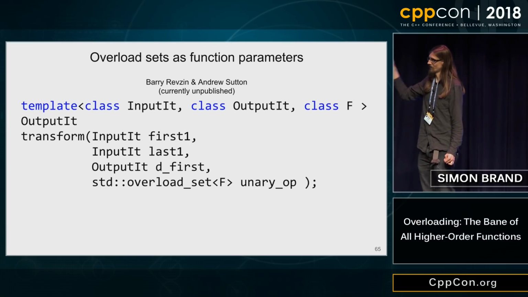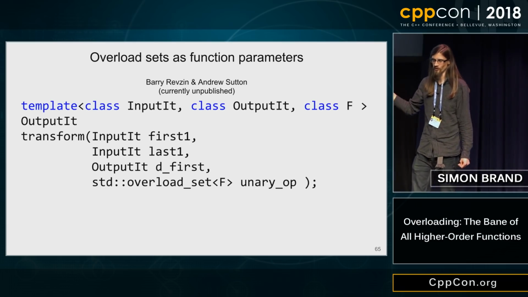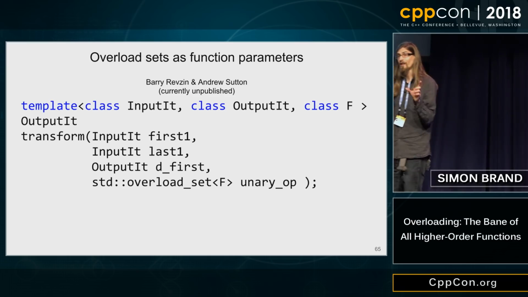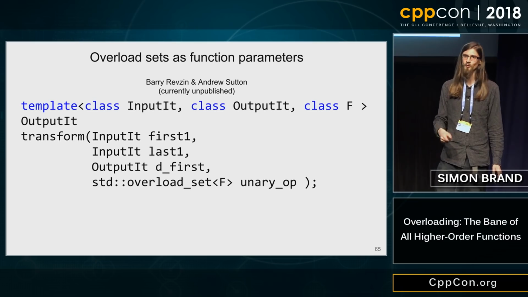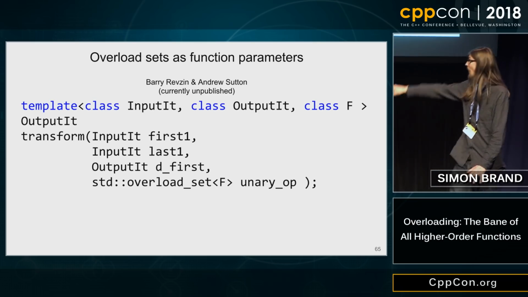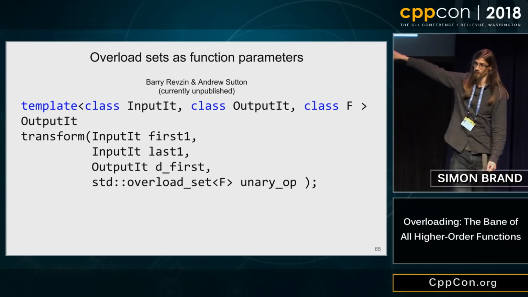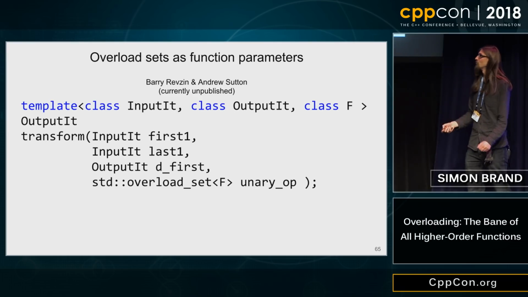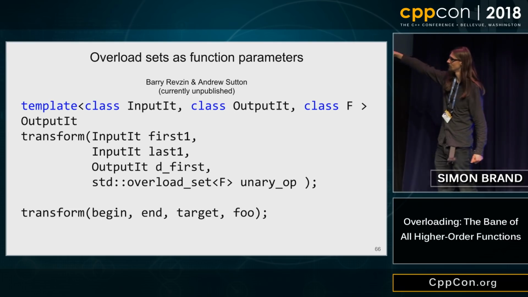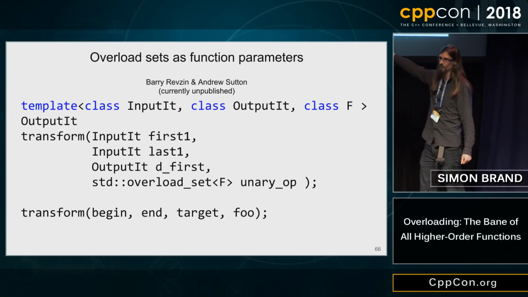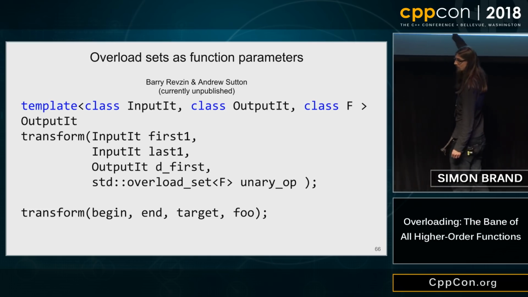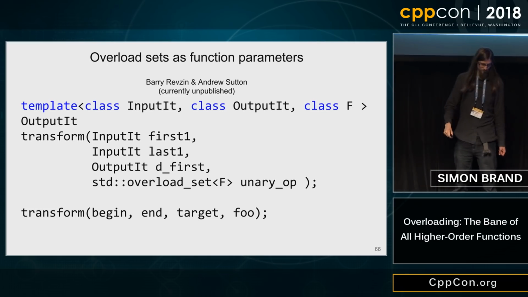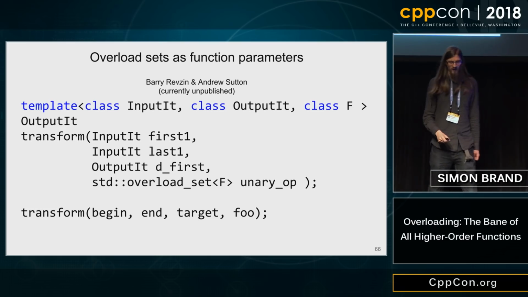But the really interesting thing, which the paper talks about, is putting it on a function declaration. The rules which the paper talks about say if you have this in your function declaration, then when you pass something to this function, the overload set is created implicitly. So you're not having to mark the actual name you're passing.